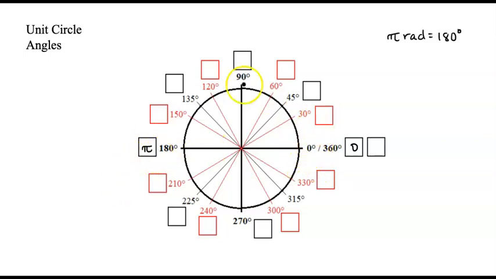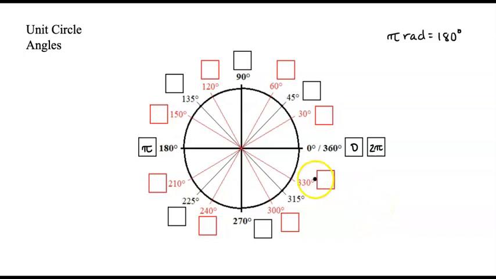And so if pi is 180 degrees, we know that 360 is just 2 times 180, so we're going pi and then another pi, and so that gives us this angle measure of 2 pi. And so at 0 degrees or 360 degrees, we're going to say this is either 0 or 2 pi, however you want to see it.